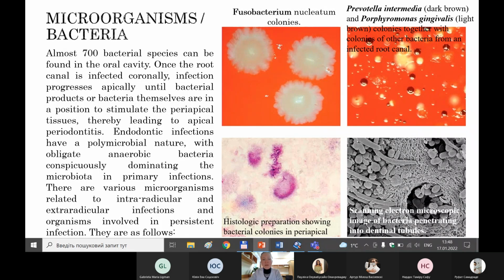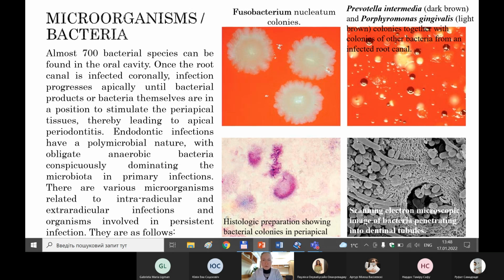Endodontic infections have a polymicrobial nature with obligate anaerobic bacteria conspicuously dominating the microbiota in primary infections. There are various microorganisms related to intraradicular and extraradicular infections, and organisms involved in persistent infection.